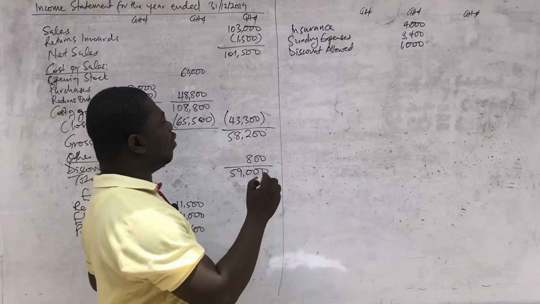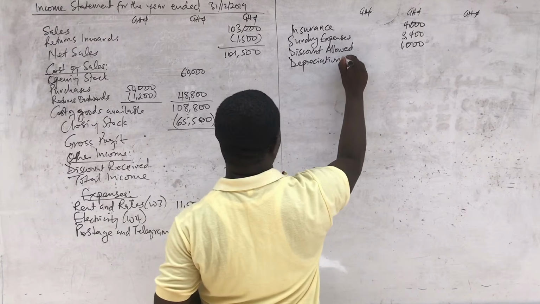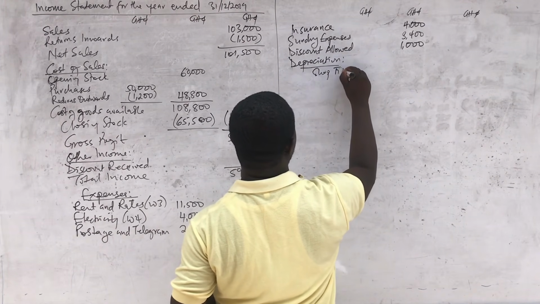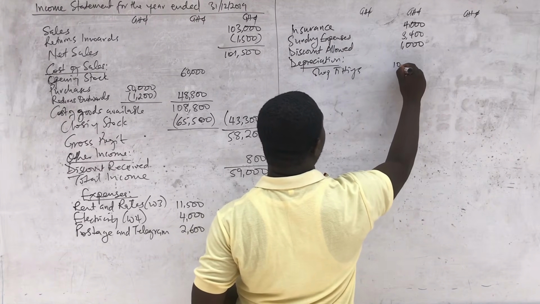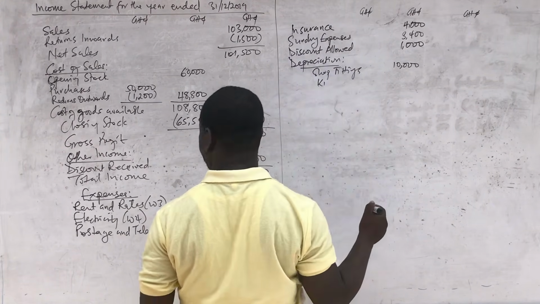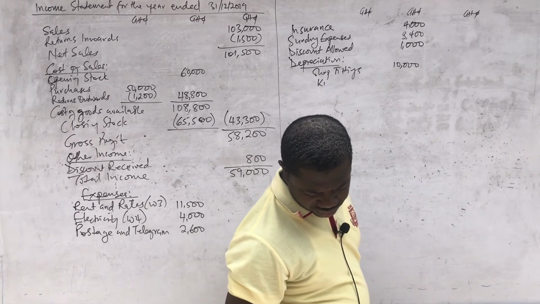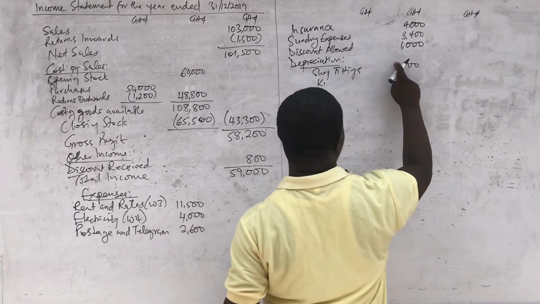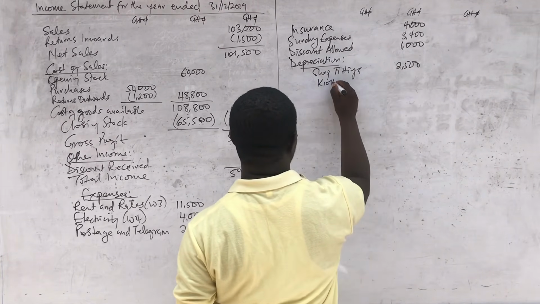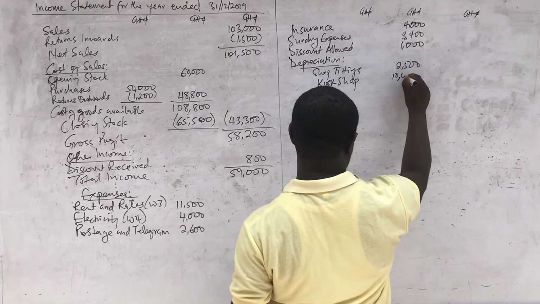But remember, there was depreciation as well. So let's bring our depreciation for the assets. So depreciation for shop fittings was 10,000 from the workings that we did. And then depreciation for kiosk shop, or I've interchanged it. Sorry, shop fittings was rather 2,500 and kiosk shop's depreciation was 10,000.